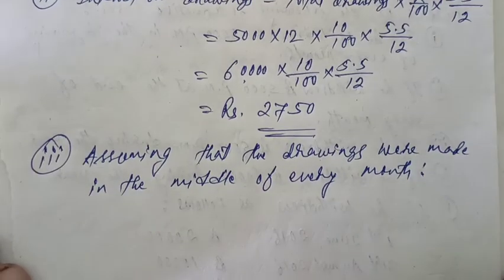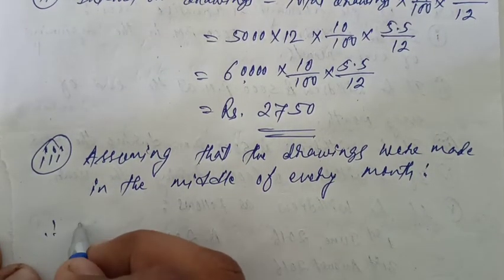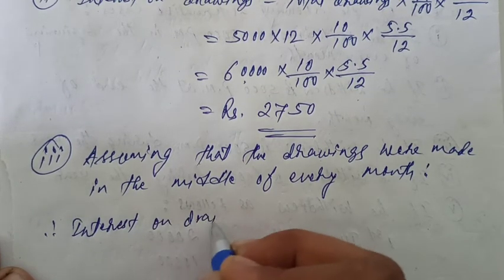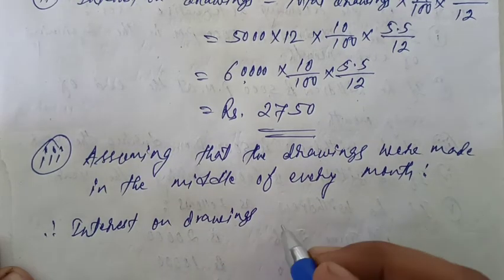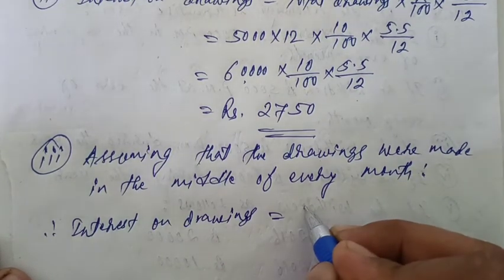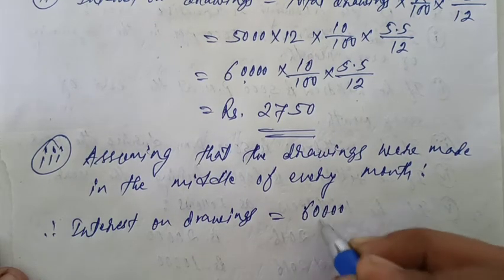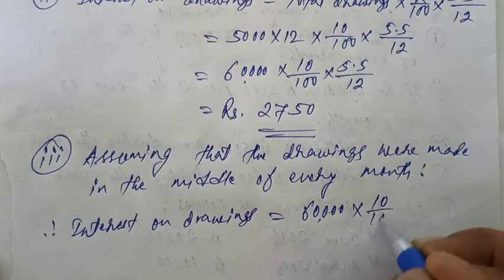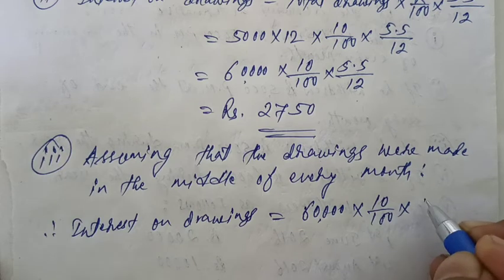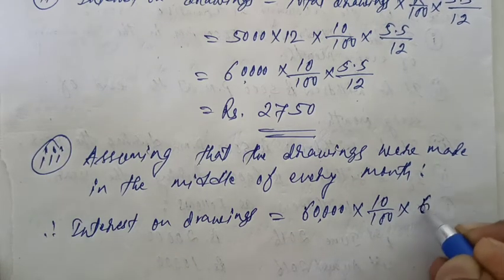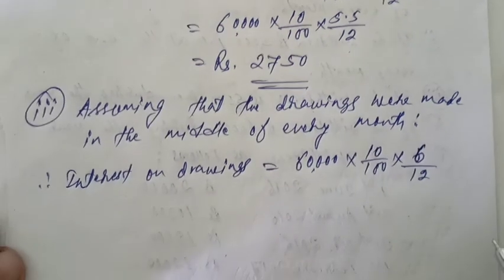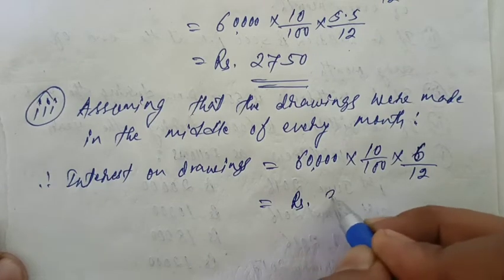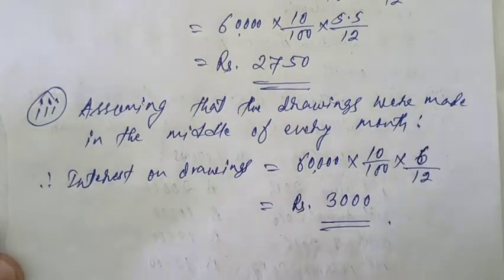We have calculated beginning, we have calculated end, and the last one is missing, that is middle, so we assume. Therefore interest on drawing is, with the same formula, 5,000 into 12, we get 60,000, into rate 10% divided by 100 into, if it is middle of every month, then we will take 6 months, so 6 by 12. If you calculate this, we will find rupees 3,000. This is our interest on drawings.